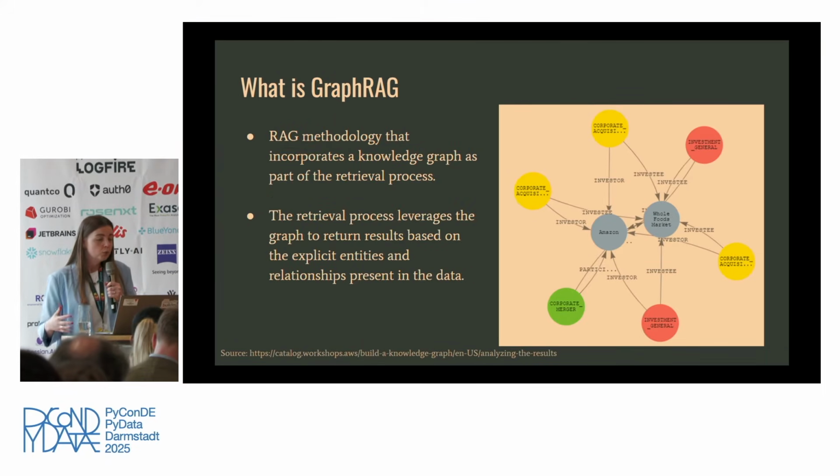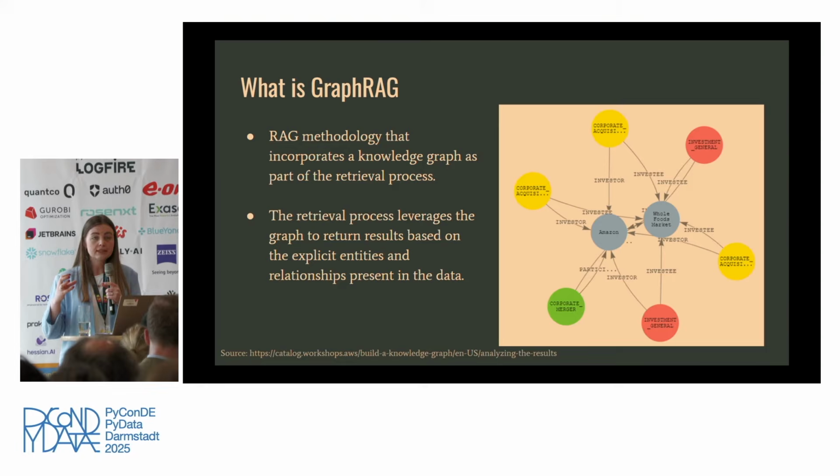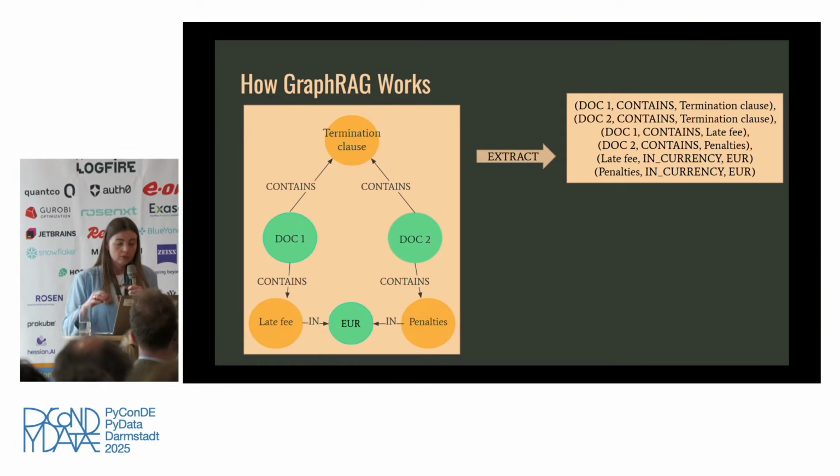And if you move to a graph RAG, like pure graph RAG, this is a RAG methodology that incorporates a knowledge graph as a part of its retrieval process. So it uses the graph to return results based on the entities that can be found inside the graph and their relationships. So the main difference is in the retrieval part.